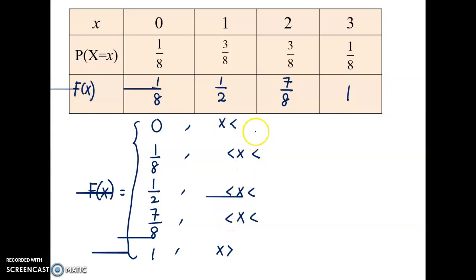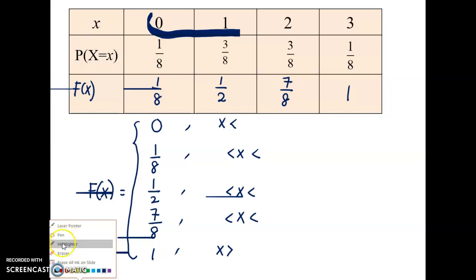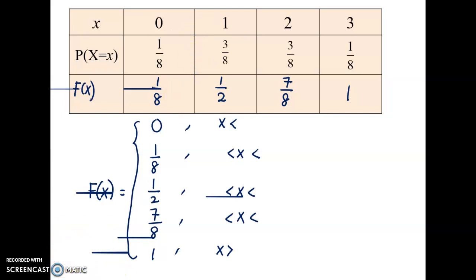Now we start with the first interval x less than. So we are going to focus on the first row. On the first row, okay, we have 0, we have 1, we have 2, and we have 3.